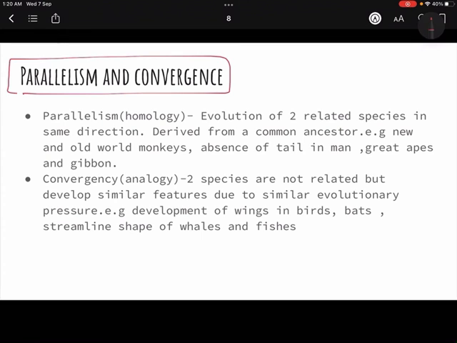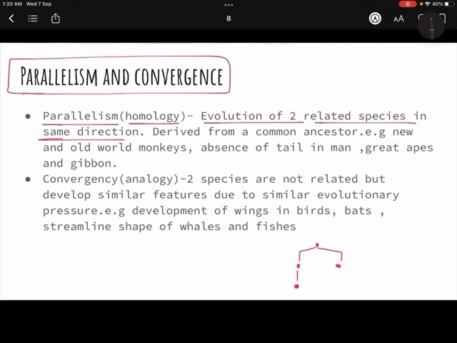Parallelism and convergence. From this, parallelism and convergence is a very simple thing. Parallelism is also called homology, that is evolution of two related species in the same direction. For example, these are two species which are developing parallelly in similar directions only, and they had a common ancestor at one point.